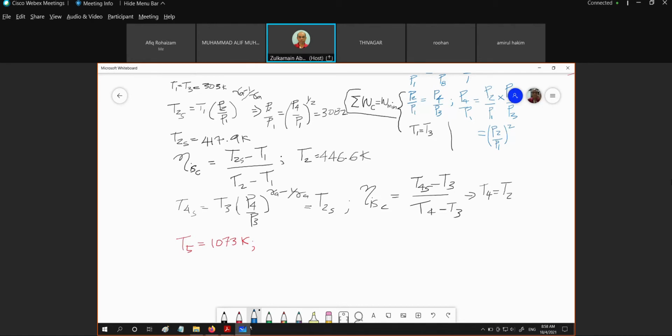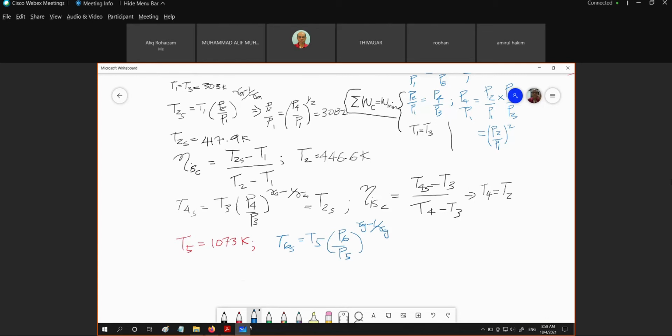Maybe we try to write T6S first. What is T6S? This is equal to T5 times P6 over P5, to the power of gamma gas minus 1 divided by gamma gas.